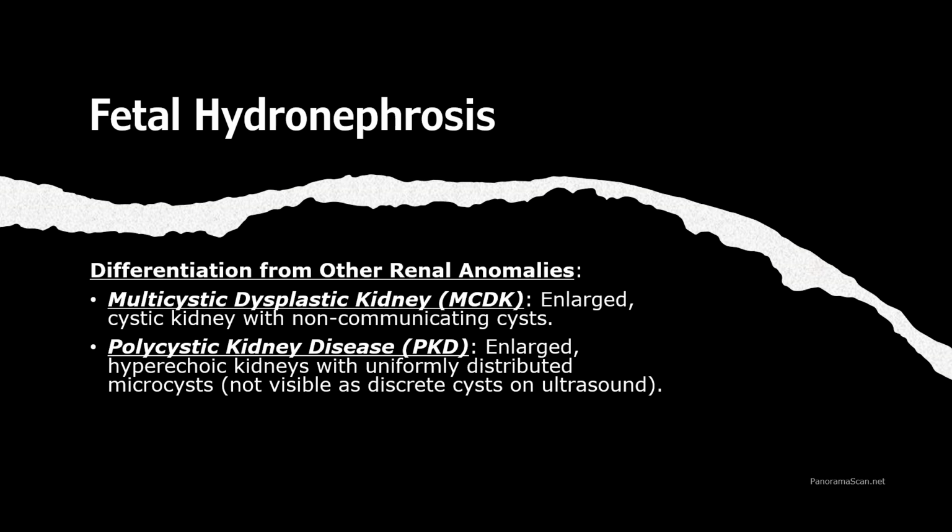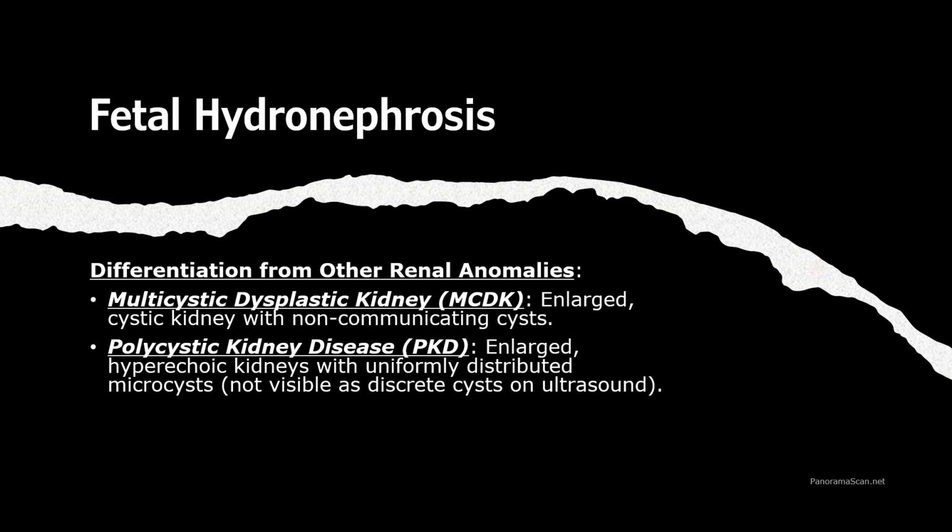In polycystic kidney disease, the kidneys are typically enlarged and appear hyperechoic on ultrasound due to the presence of uniformly distributed microcysts.